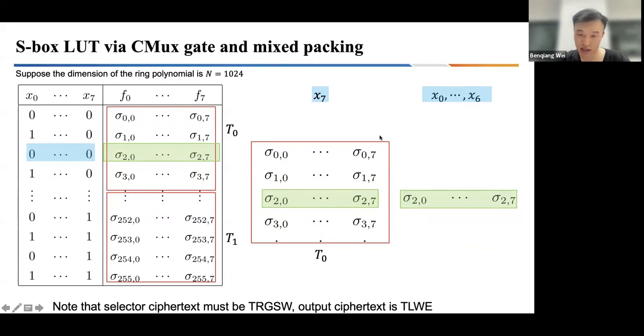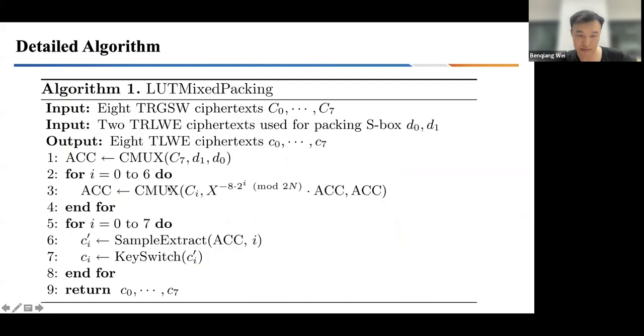And after that, we use x0 to x6 to route the result, that is the green box, to the first 8 coefficients of the plaintext. And finally, we can extract them in turn using the sample extraction algorithm. And the detailed algorithms can be found in our paper. This slide shows the detailed algorithms.